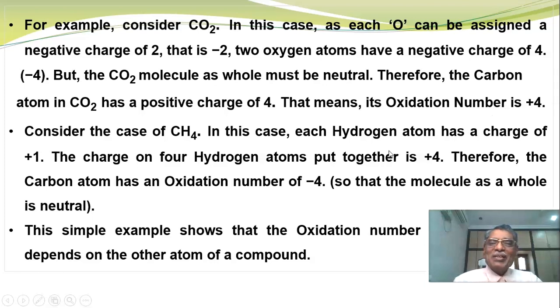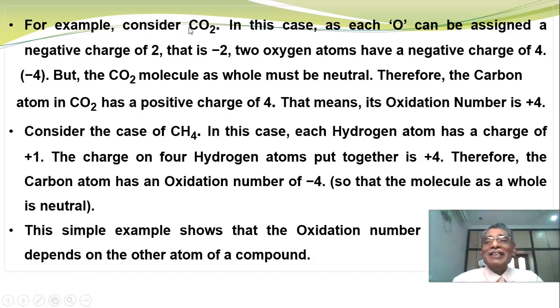Consider the case of CH4, methane. In this case, each hydrogen atom has a charge of plus 1. The charge on 4 hydrogen atoms put together is plus 4. Therefore, the carbon atom has an oxidation number of minus 4, so that the molecule as a whole is neutral.